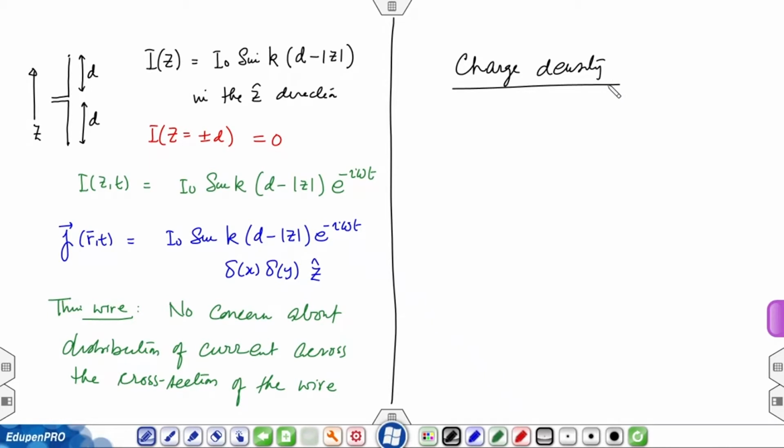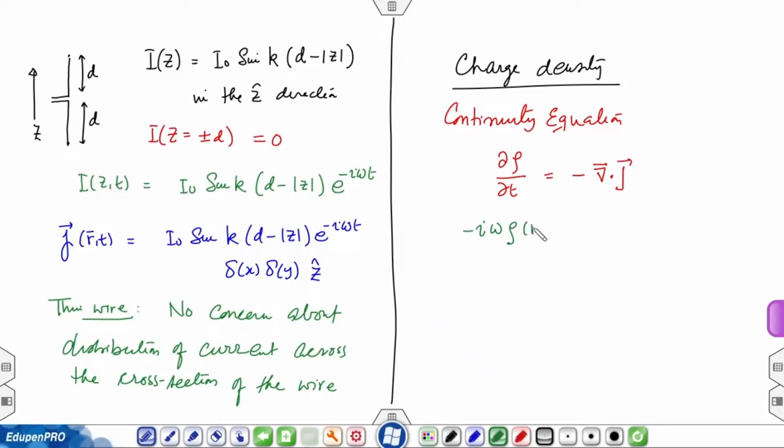For the charge density, we use the continuity equation, which gives me d rho by dt is equal to minus divergence of J, and therefore, on the left hand side I am going to get minus i omega rho(r, t), which is a function of z only, and on the right hand side I am going to get I naught k sine of k (d minus mod z).